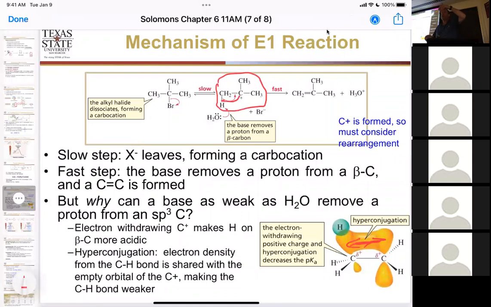So that proton that is right next to that p orbital is more acidic now because it's already donating part of its electron density to the carbocation. So that makes it very easy to pull off with a base. And so that makes this easy to remove, and these electrons just flow in and form our double bond.